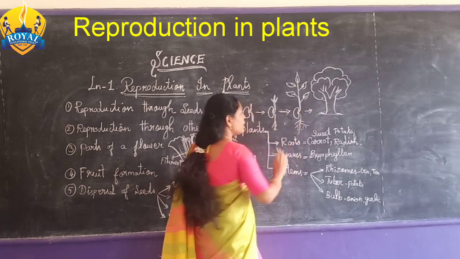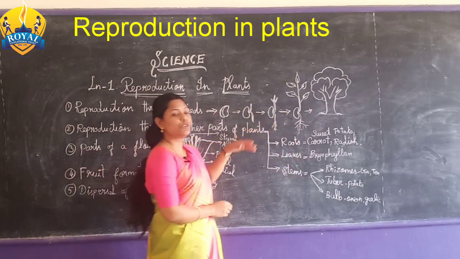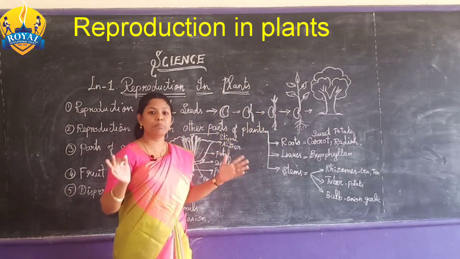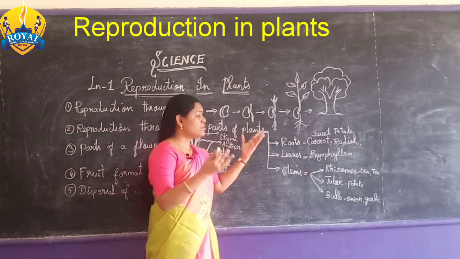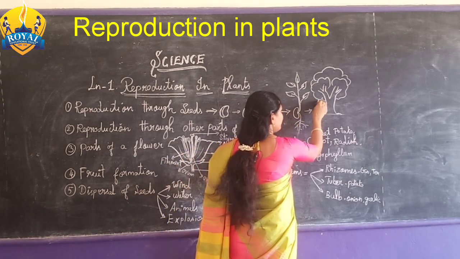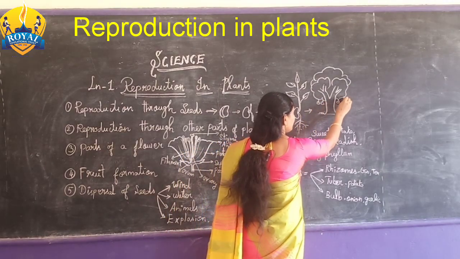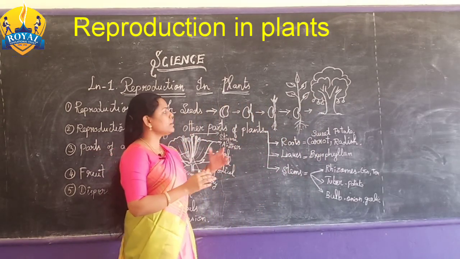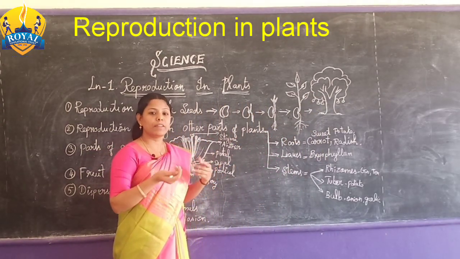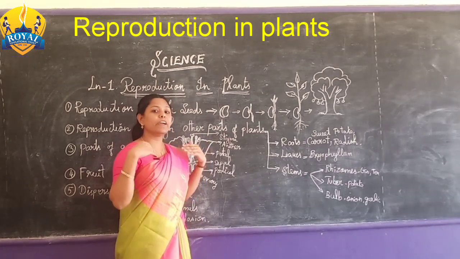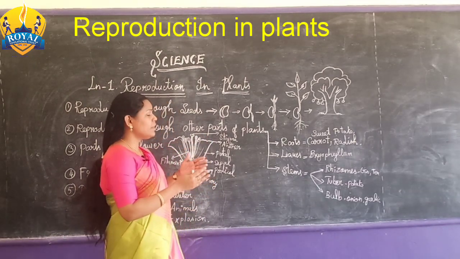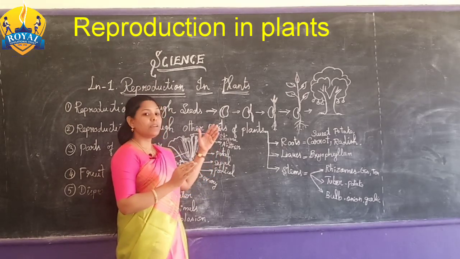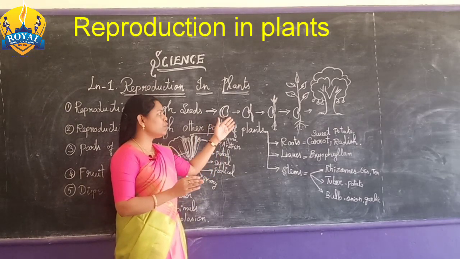Then after some years the plant grows into a big tree, and the tree produces many fruits. Then we take the fruits and eat them, and again we throw the seeds outside. Then the seeds get the proper conditions and germinate to give rise to a new plant.